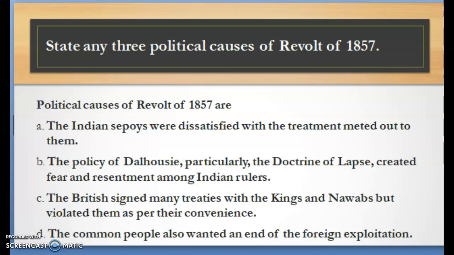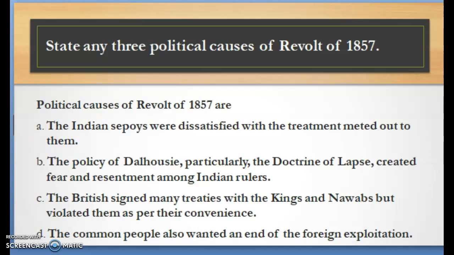There was discrimination in the allowances provided to the soldiers, and in the food and facilities provided to them. So, due to this discrimination, the Indian sepoys were completely dissatisfied.